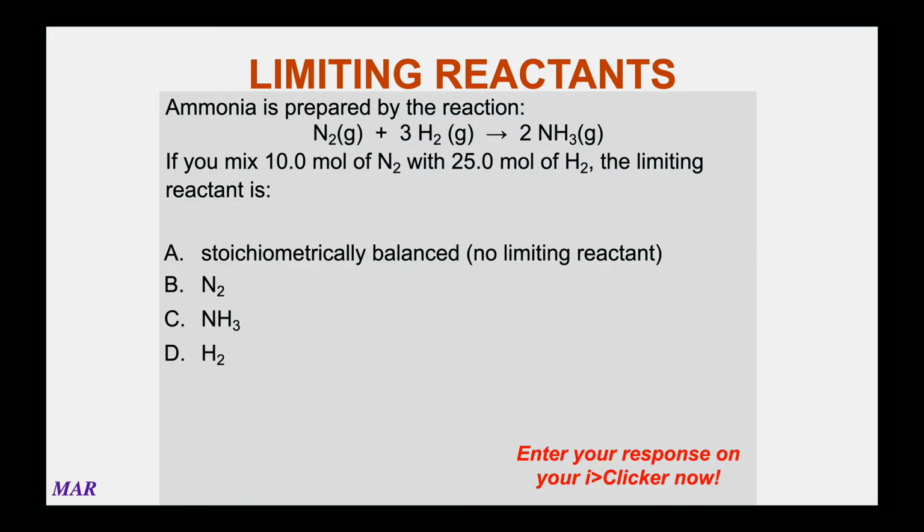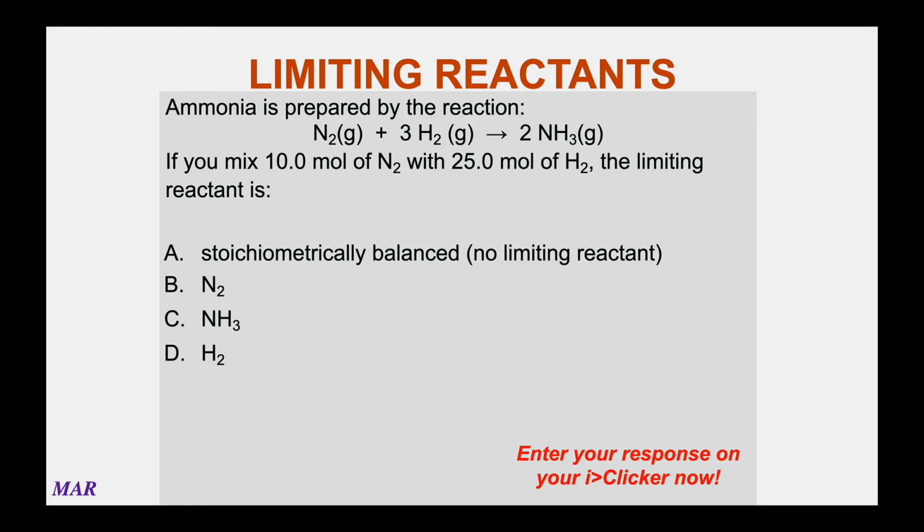Ammonia, prepared by the reaction N2 plus 3H2 going to 2NH3, similar to what we looked at earlier. So here we're mixing 10 moles of nitrogen with 25 moles of hydrogen, and the limiting reactant is, and there's basically these possibilities. Stoichiometrically balanced just means that you have exactly the right amount of nitrogen for the right amount of hydrogen, and that does happen sometimes.